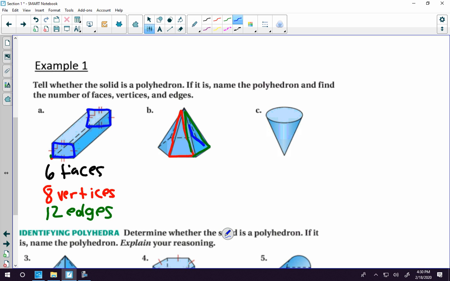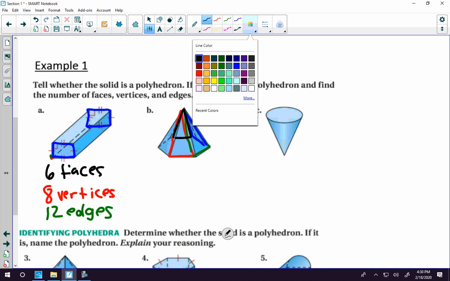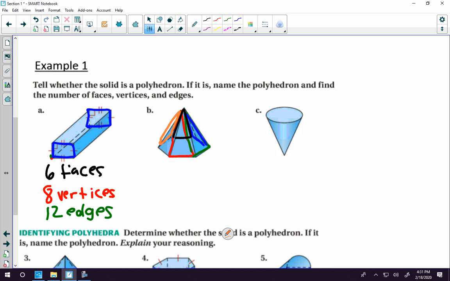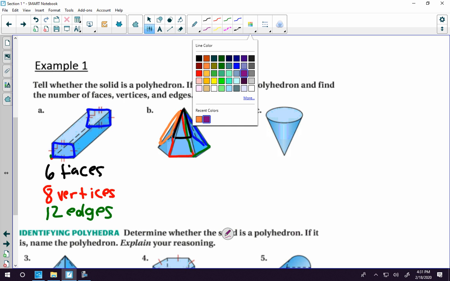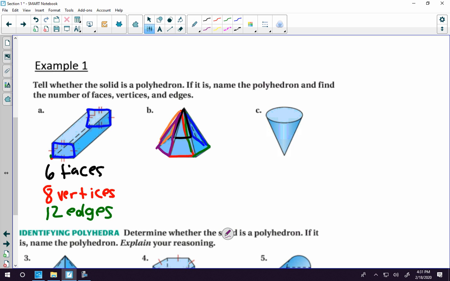Way over here on the side, 3. In the back would be 4. Over on the side would be 5. Here would be 6. And then the bottom we count as the 7th face. So there are 7 faces. Of the 7 faces, one is actually the base, the hexagon on the bottom.